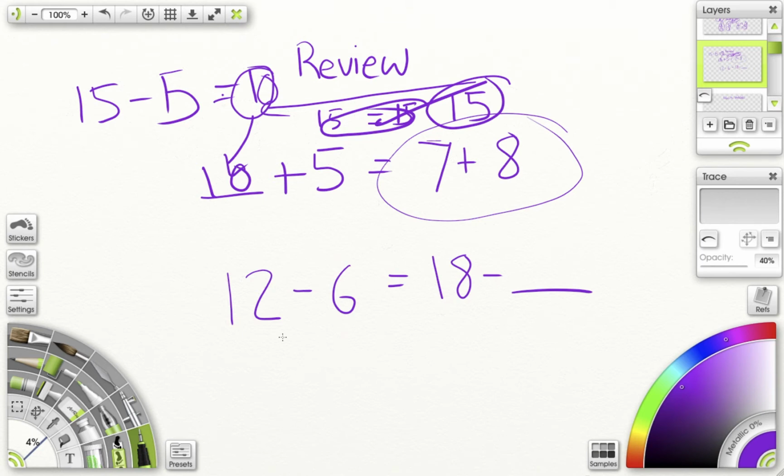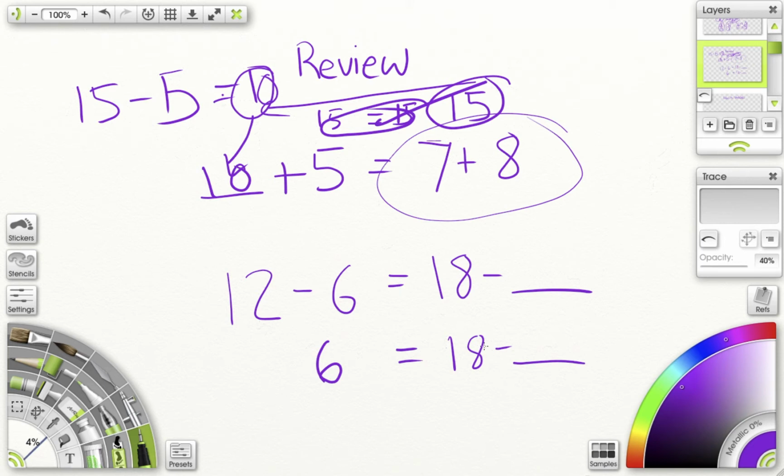This one right here, I can do 12 minus 6 because I can't figure out this side of the blank. So 12 minus 6 is 6. Now I have 18 minus blank. How do I figure out what that is? Well, I know it has to equal 6. So 18 minus something equals 6.